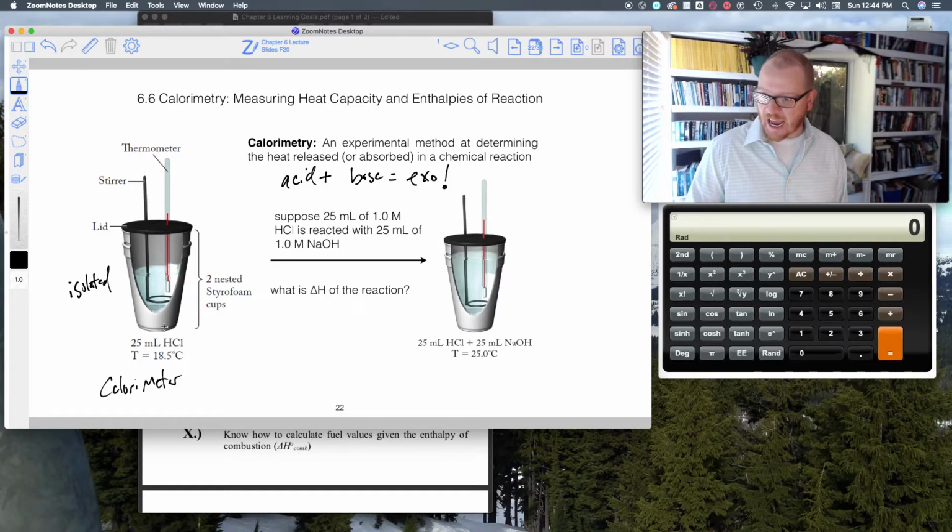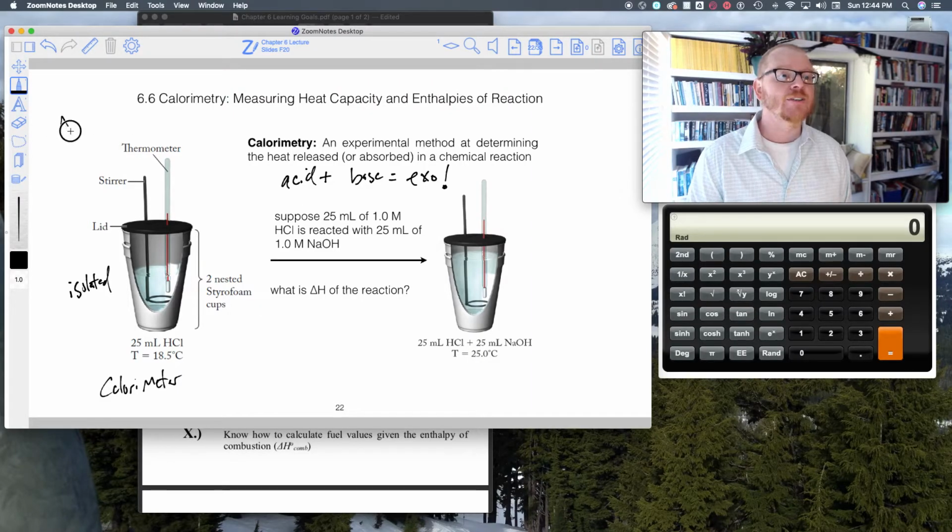So what we do in calorimetry then is measure the change in temperature of this reaction. Also, if we were doing an endothermic reaction in this calorimeter, we would see the temperature decrease. So that's how we know if something is exothermic or endothermic in a calorimeter.